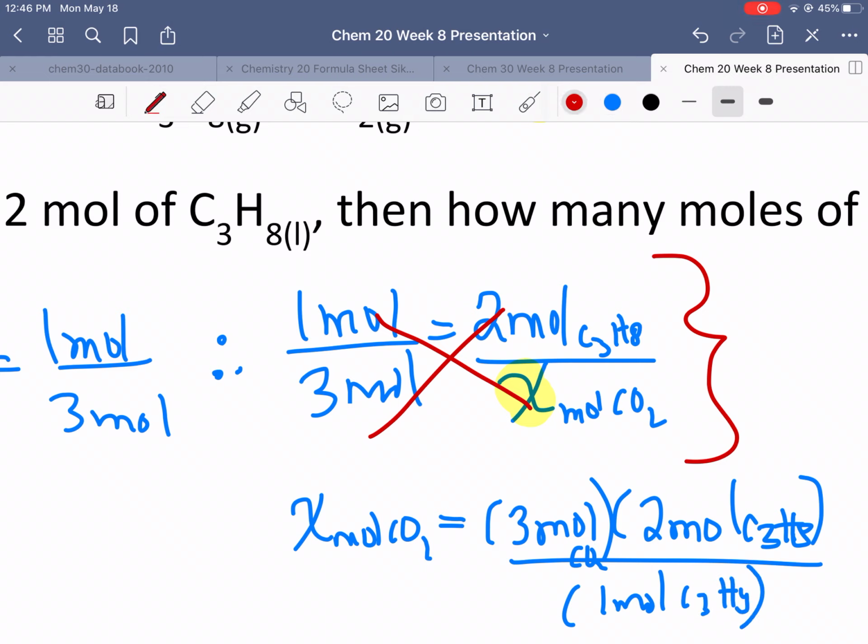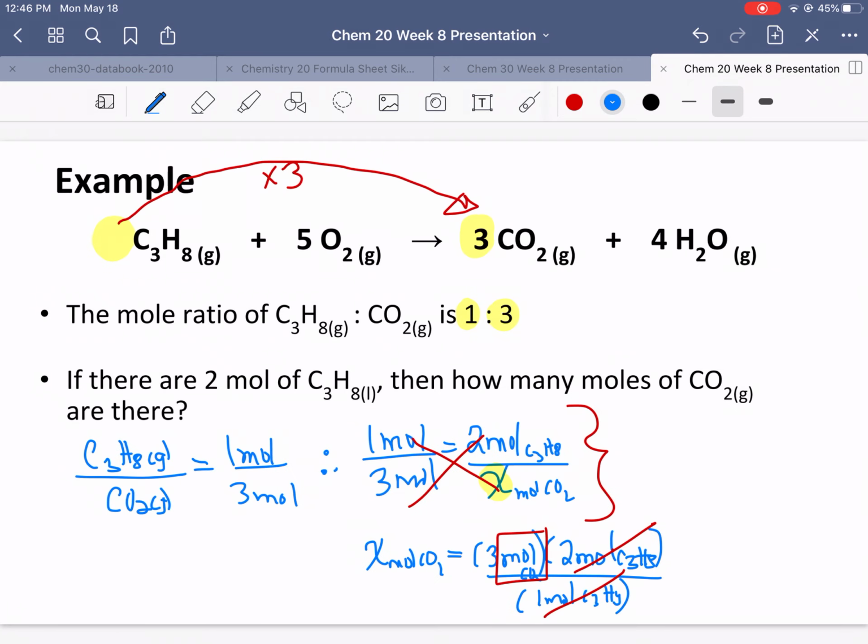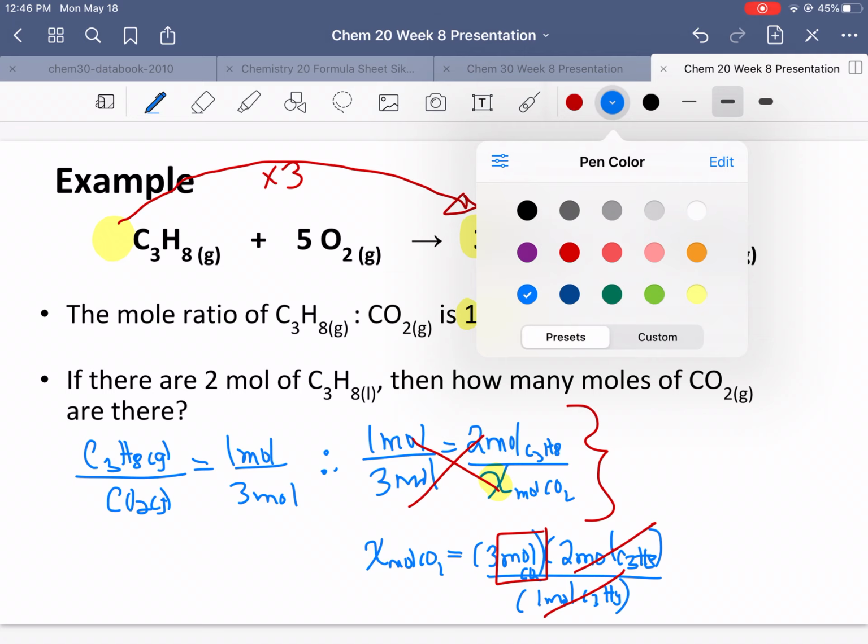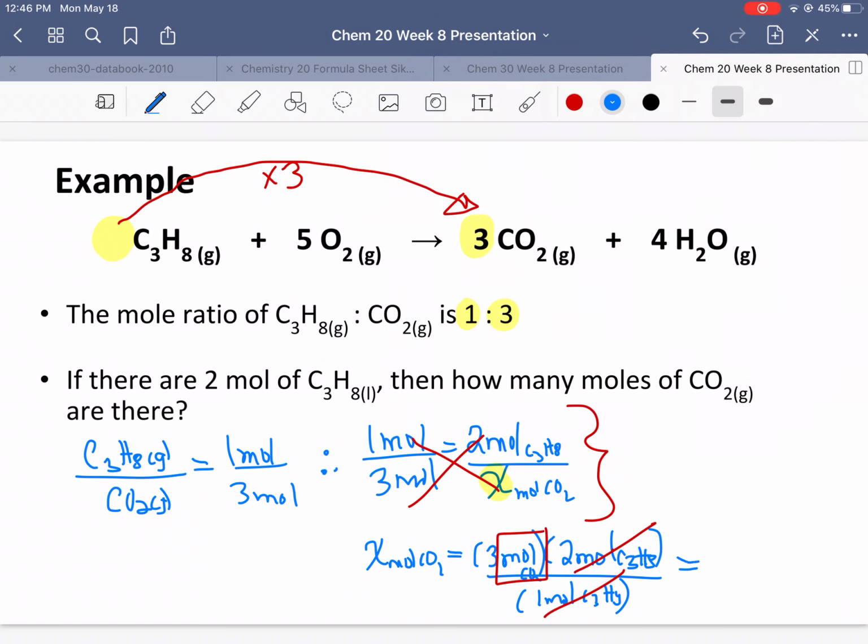Look what cancels out. This and this are gone. We're going to be left with moles of CO2, which is exactly what we want. Okay, end result, we're going to have exactly 6 moles of CO2 gas. There it is. Now, we did all the ratio work, but ultimately, didn't you just take the 2 moles and times it by 3?